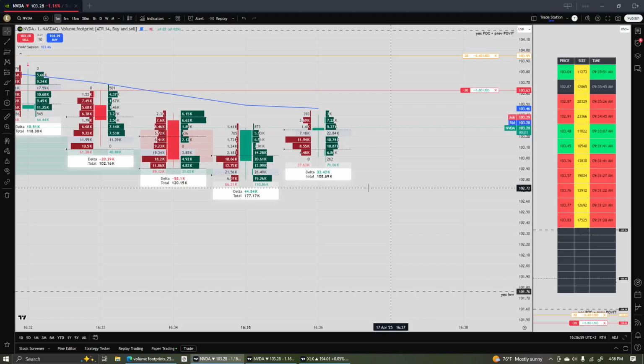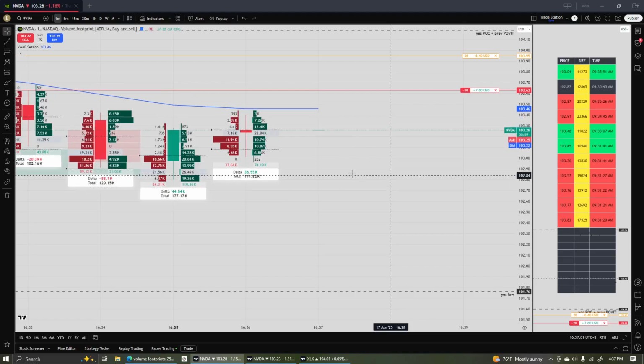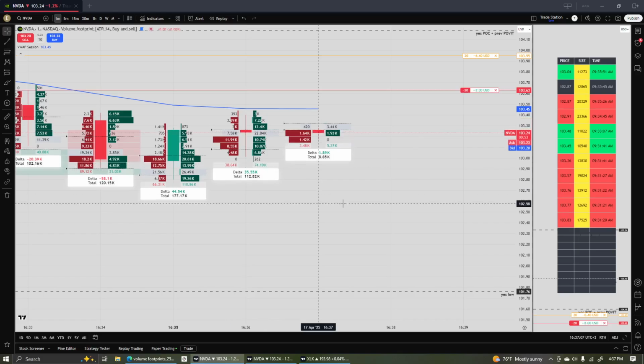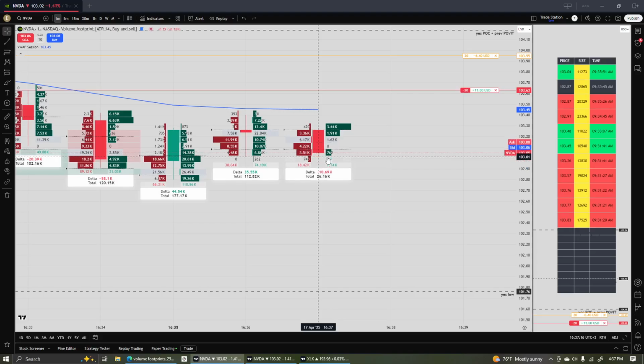Okay, there is an equal level of, okay, 22.8 and 7.58. That was some aggressive buying. If the price doesn't break below 103 right now, I'm dropping this trade. Right now, I mean in this candle.